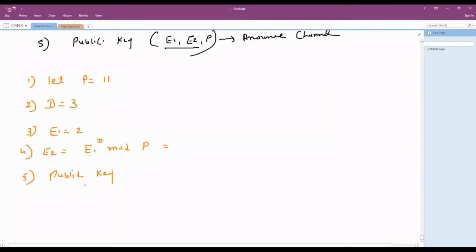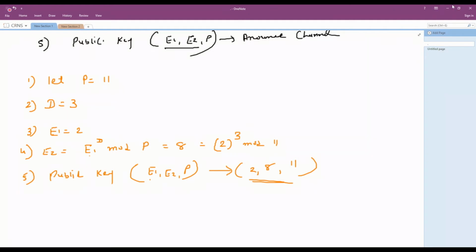And I will be having the public key E1, E2, P. What is E1? 2, comma, whatever E2 is there. 8. Okay, E2 is 8, right? E1 is 2, 2 raised to D, that is 3, mod 11. So 8 mod 11 is 8. And P is 11. So this is your public key.